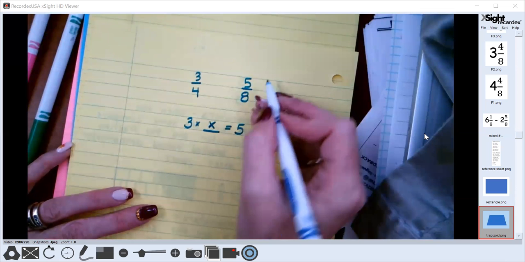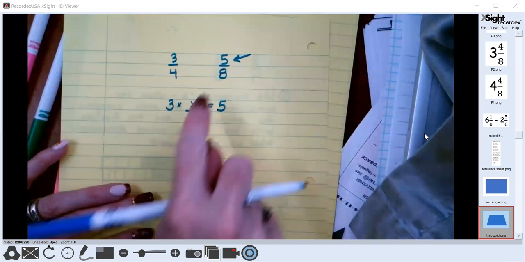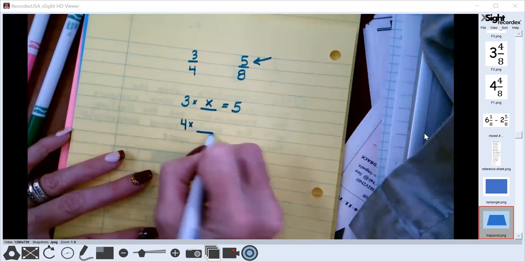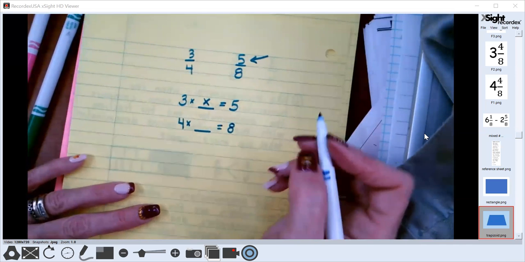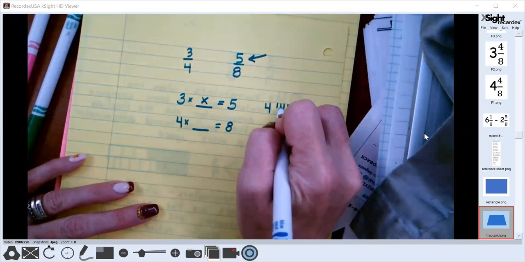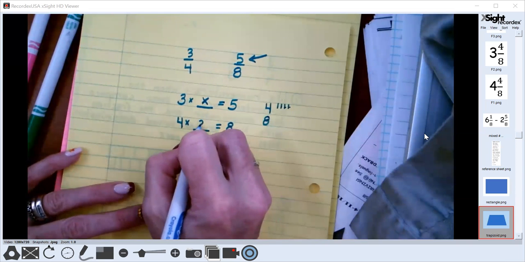So I can't make a common numerator. That's not possible. But I can, so I'm going to look here to make my common denominator. 4 times blank equals 8. So what times 4 equals 8? 4, 5, 6, 7, 8. I multiplied 4 times 2 to make 8.